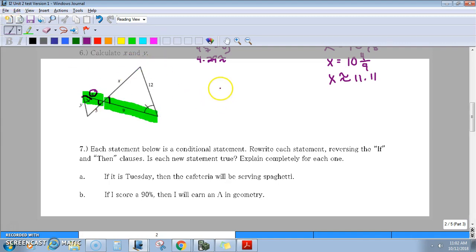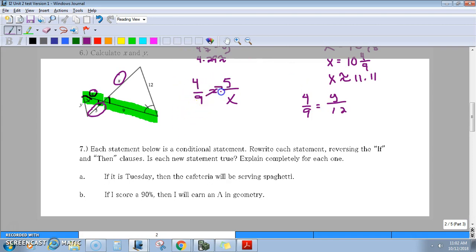So one proportion we have is 4 over 9 or 9 over 4. It doesn't matter, you just got to use the same side from the other one. So that means 5 is going to correspond to x, and 5 is on the same one with the 4, so 5 over x. Okay, and then the other one would be, we'll keep the 4 over 9, but that's going to be equal to y over 12.